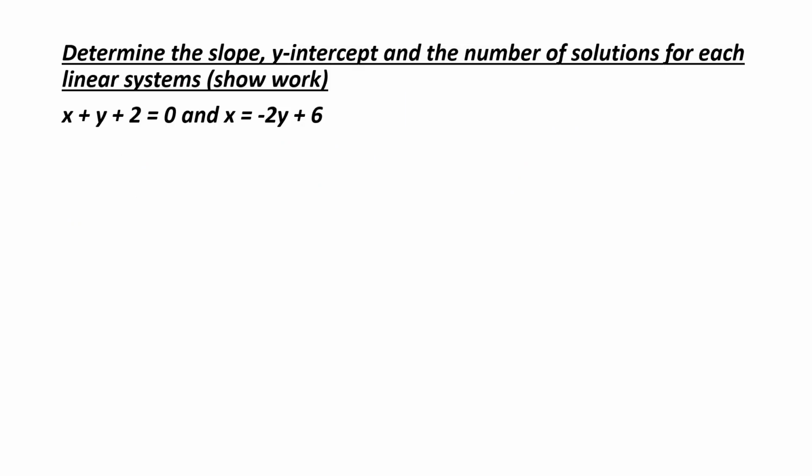This example asks us to determine the slope, y-intercept, and number of solutions for the linear system provided. So, to do this, we need to put the equation into slope-intercept form, which we remember as y equals mx plus b. So I need to isolate for y.